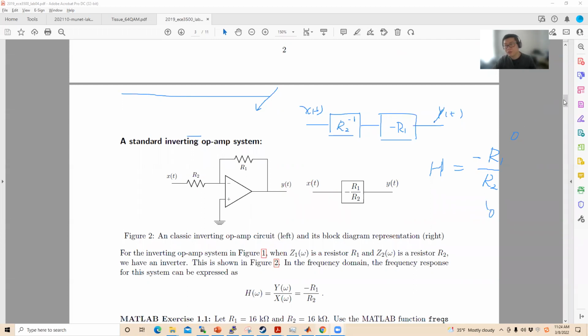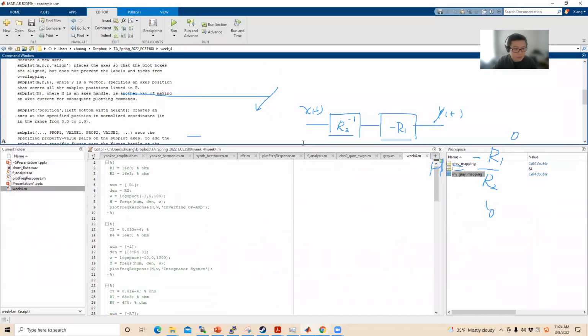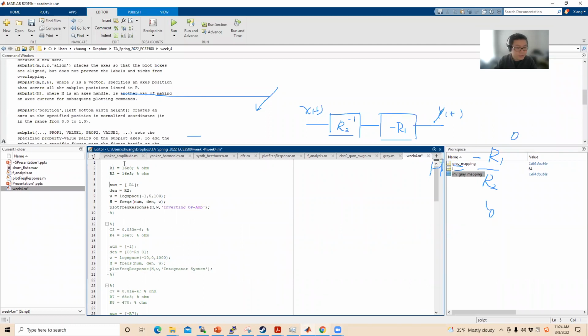So now let me show how to use MATLAB to experience the response. In this case, R1 equals this value and R2 equals this value. Now we define the numerator part. Since it has only one value, here is only one value, it's R1. And this is the denominator part.